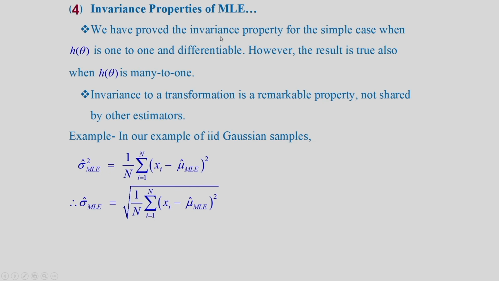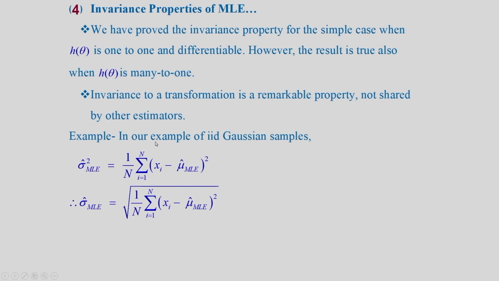We have proved the invariance property for the simple case when h(theta) is 1 to 1 and differentiable. However, the result is true also when h(theta) is many to 1. Invariance to transformation is a remarkable property not shared by any other estimators.